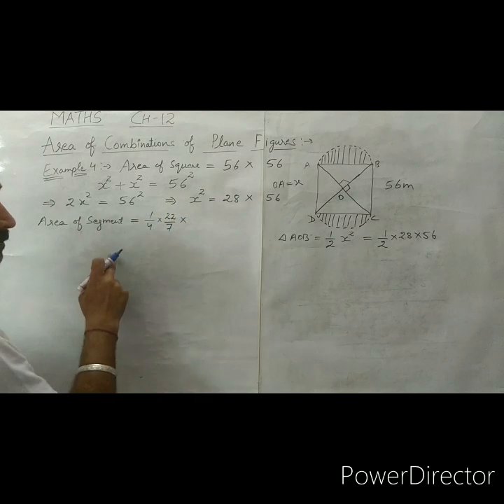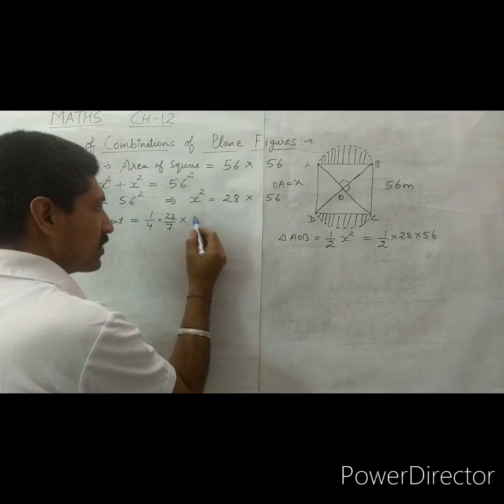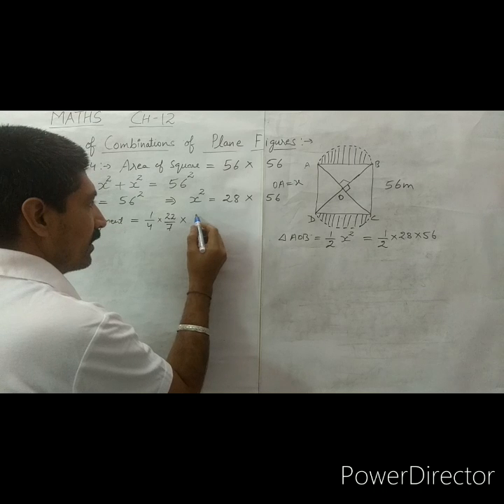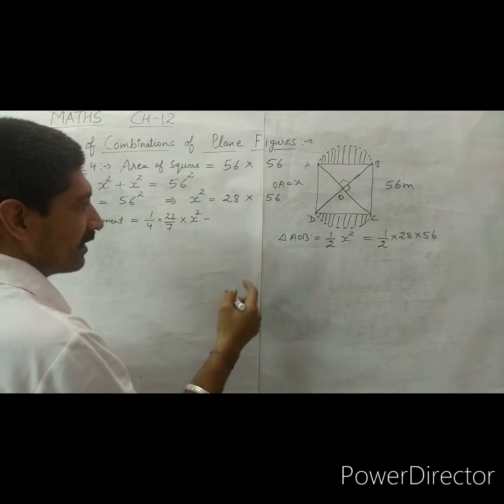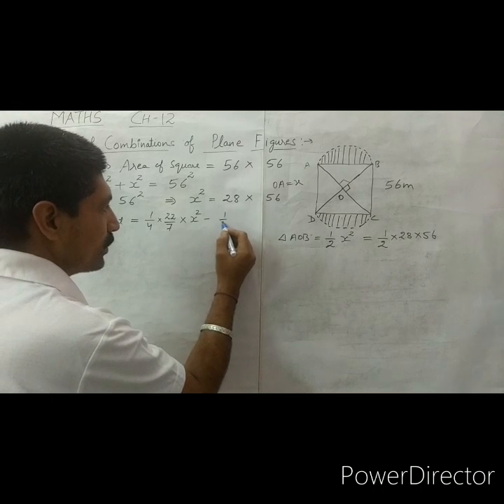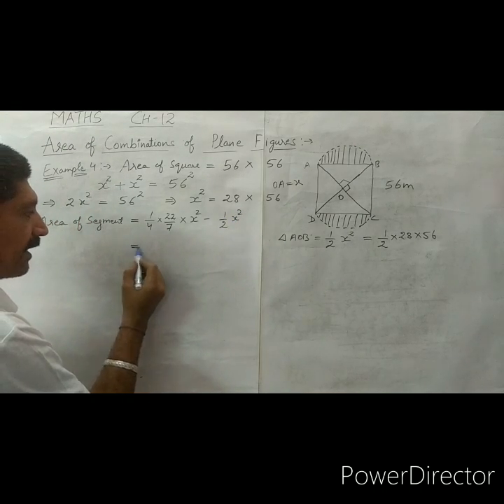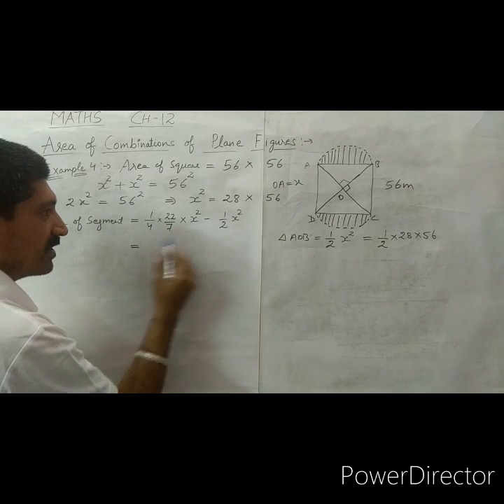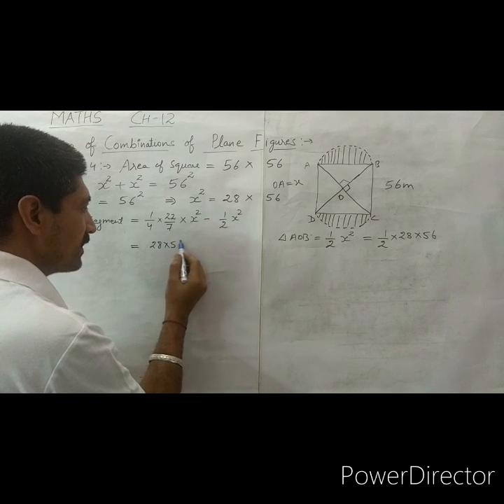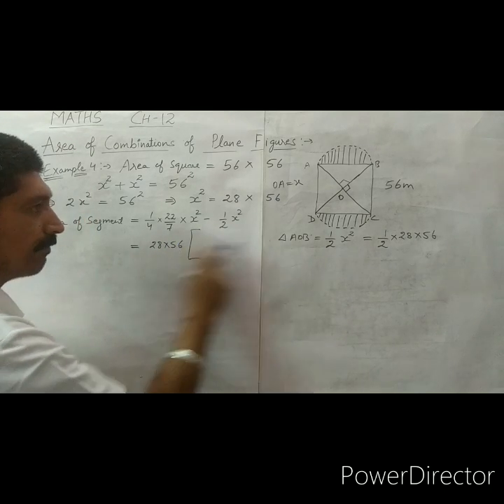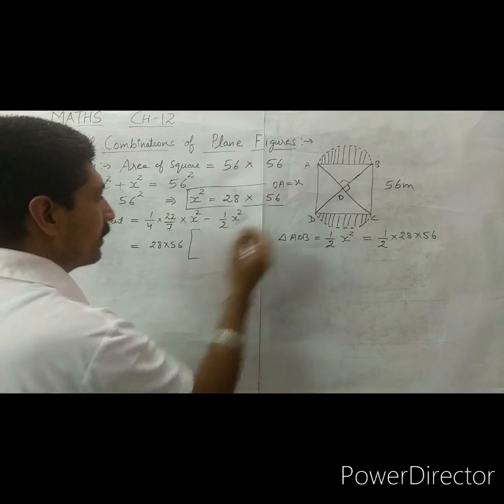In this case, the r square is x square, minus area of the triangle, that is half into x square. So x square is common outside, which is 28 into 56, the value of x. This value I am substituting here.